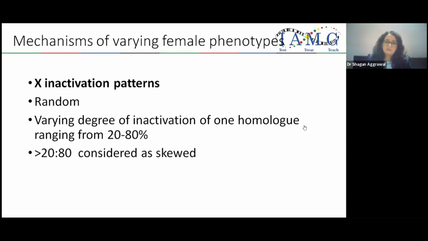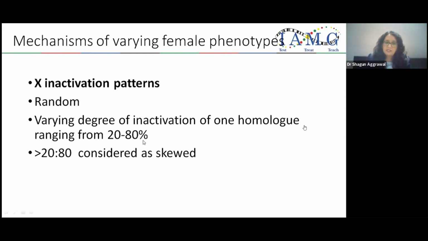But actually, even in the normal situation, the range of which chromosome is inactivated and which remains active is around 20 to 80%. So there could be normal individuals where 20% of cells have one copy of the X chromosome active and 80% have the other X active. So it's not a completely 50% demarcation.